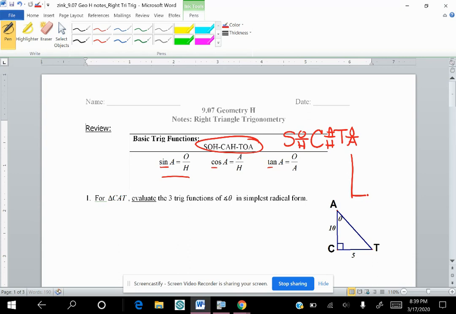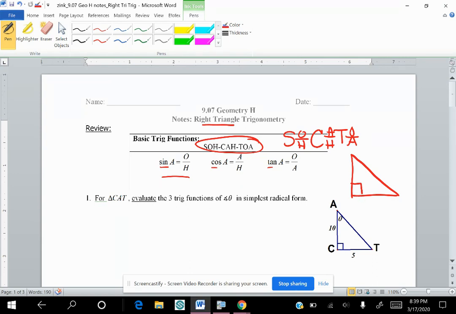What's important to know about trigonometry is that it can only be used in right triangles. That's why we call this right triangle trigonometry. There's other trig stuff that we can do, and we'll talk about some of it at the end of this unit, but SOHCAHTOA can only be used in a right triangle, just like the Pythagorean theorem.